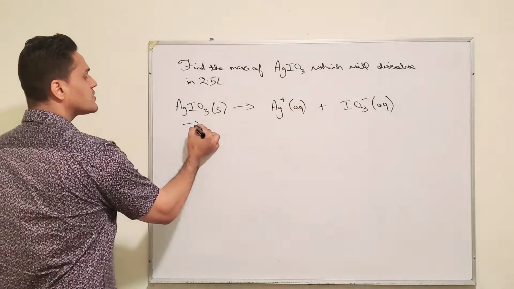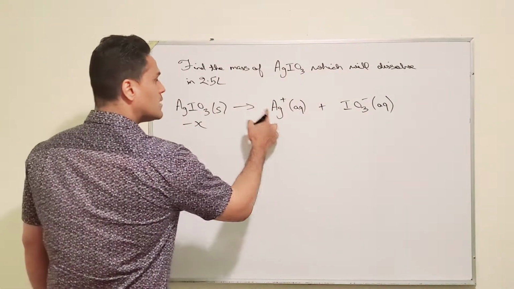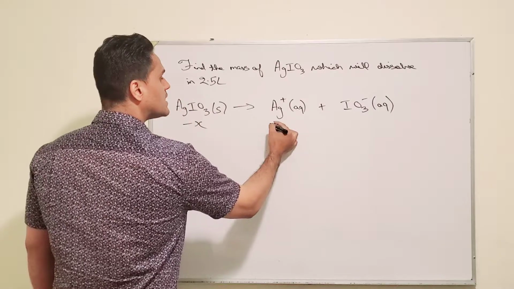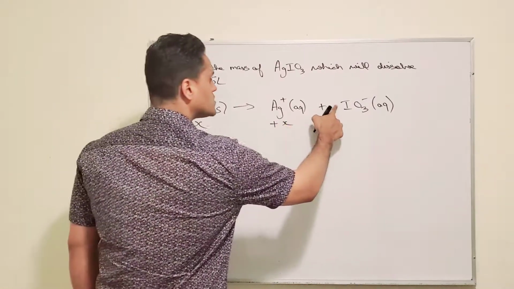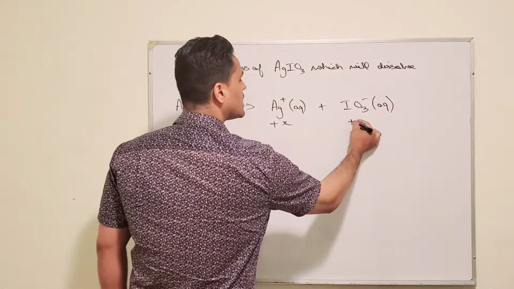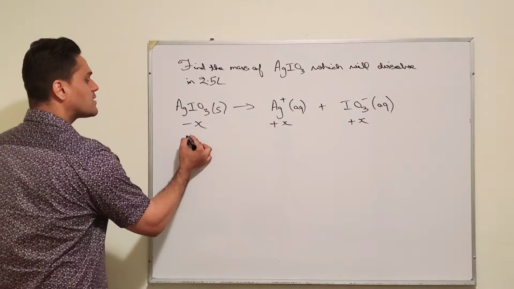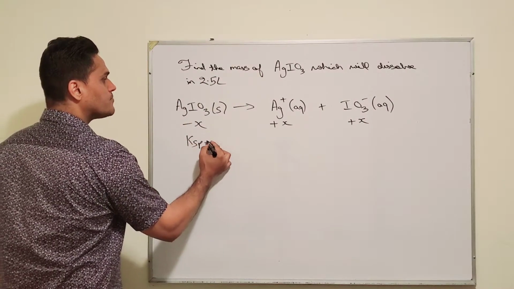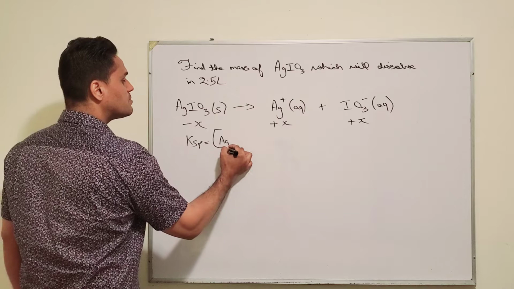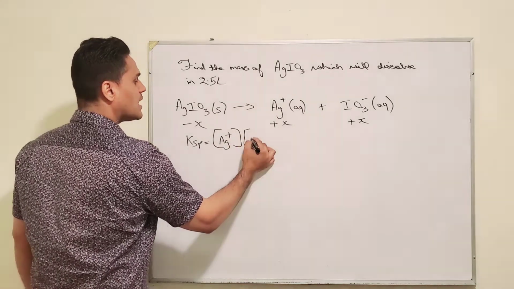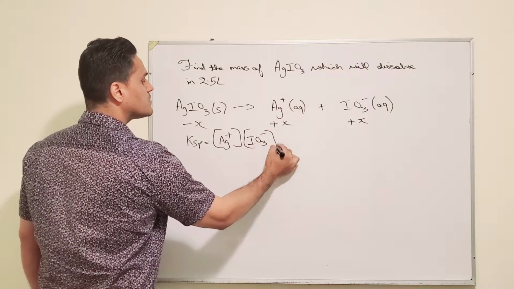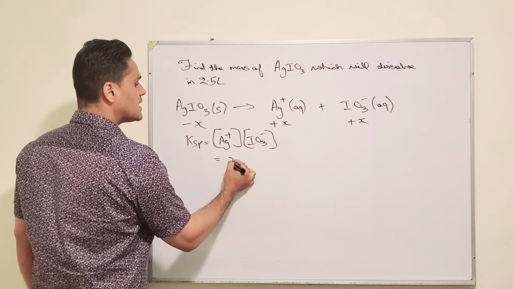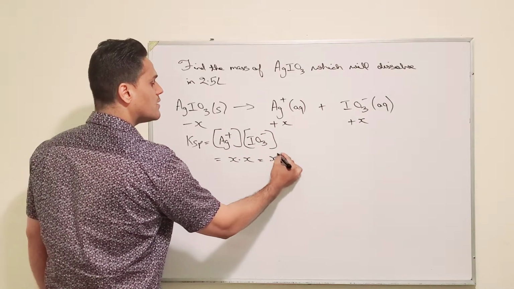Again, we know this is going to lose X. Due to the 1-to-1 ratio, this is going to gain X. And this is also 1-to-1, so this is also going to gain X. We write our KSP expression. That is just going to be the concentration of Ag plus times the concentration of IO3 minus, which is just X times X, which is X squared.